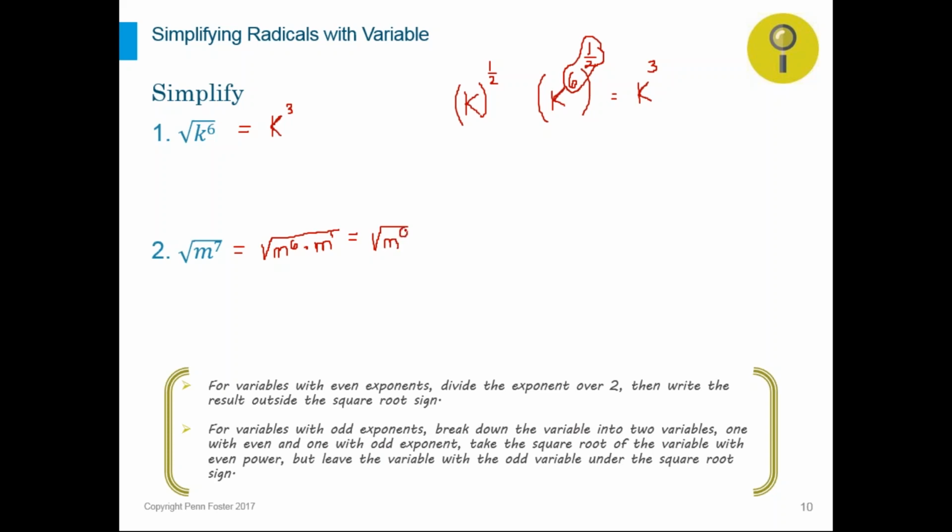So I'm going to take the square root of m to the 6th power, the square root of m to the 1st power, equals to, that's an even power, divide over 2, then that would be m to the 3rd times the square root of m, and that would be your final answer. Nothing can be simplified further. Questions?